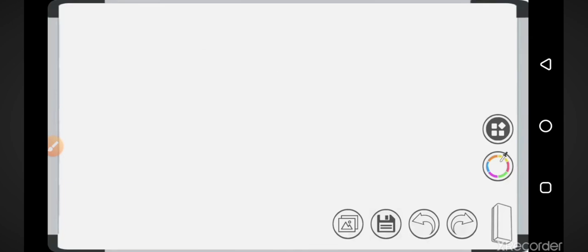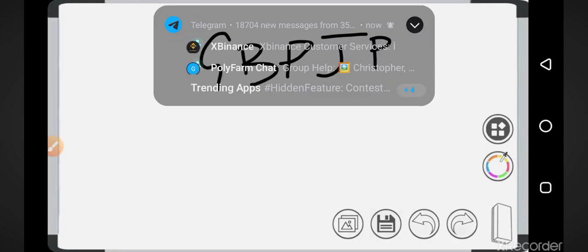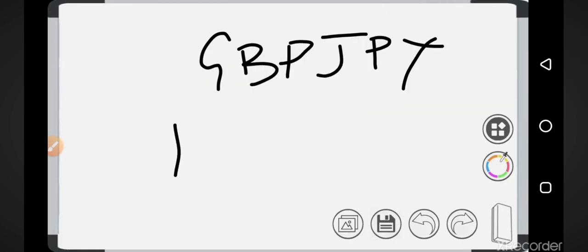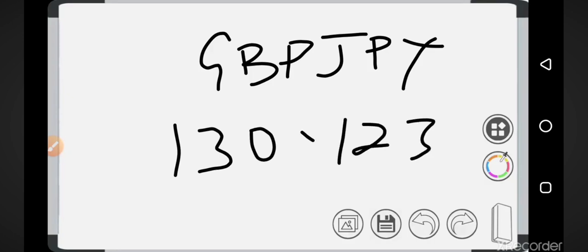But currencies that have JPY, for instance, when you look at GBP JPY, you will see a quote like 130.123. So you will see 3 digits after the point. Currencies that have JPY, you see 3 digits after the point. Okay, so this is what I want you to take note of.